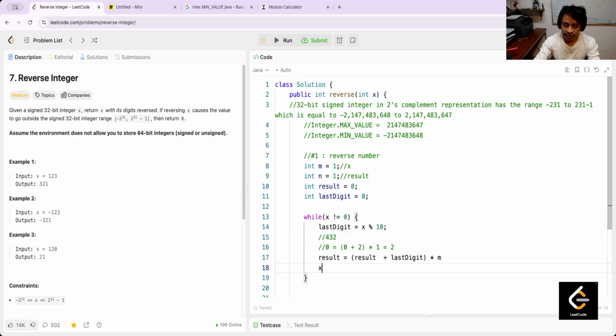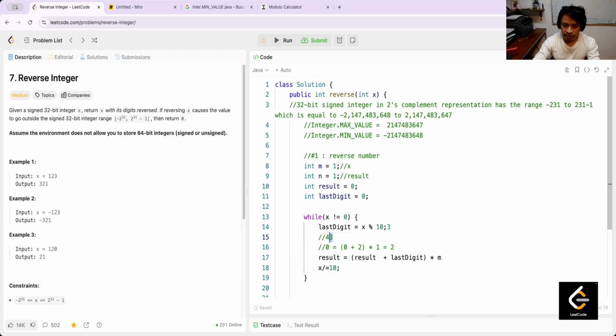And what is the next? The next basically is to remove this element. 432 divided by 10 is 43. Basically reducing this. Now the last digit at this moment is 3.